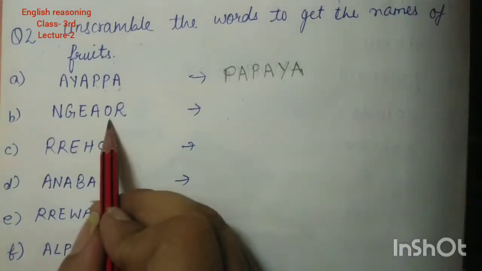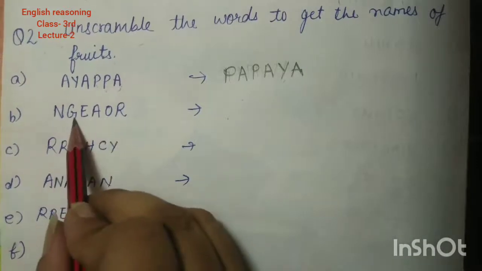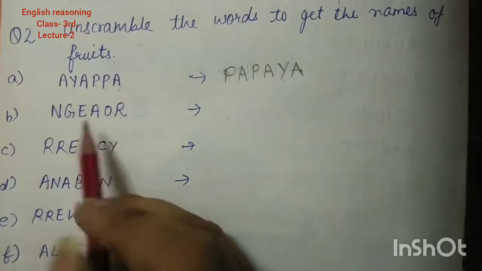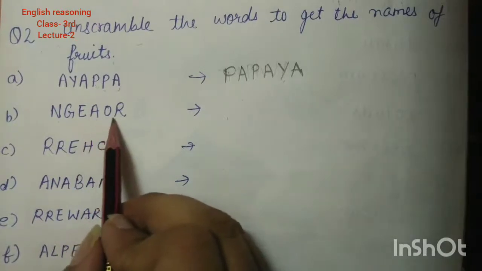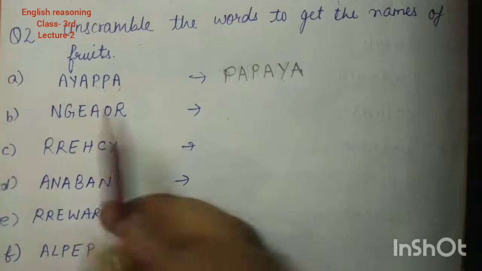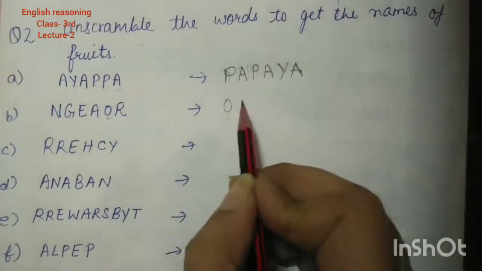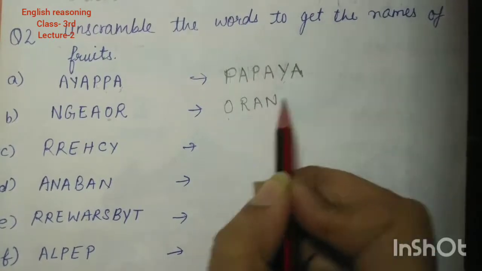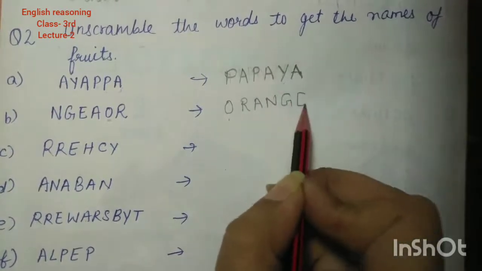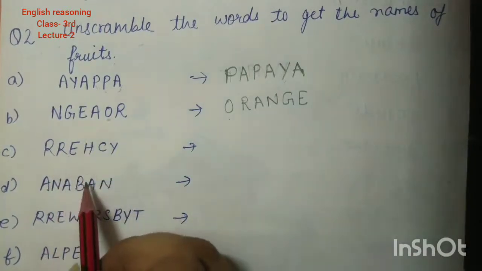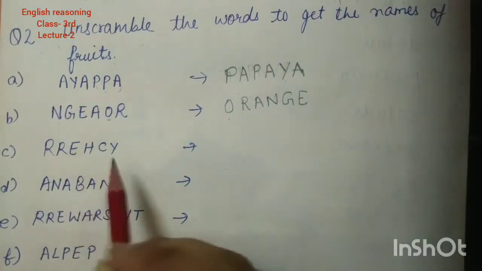Now come to second one, NGEAOR. Now if I look to the word carefully, I am getting the name of a fruit is orange. ORANGE, orange. So like this you have to solve the rest of the words.